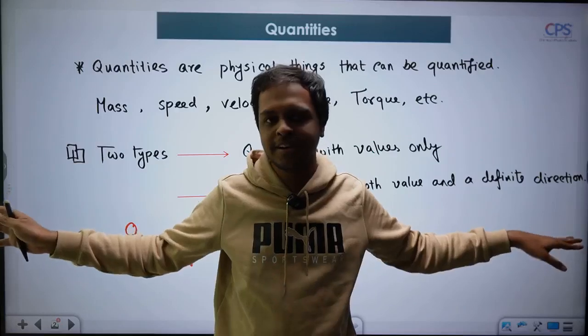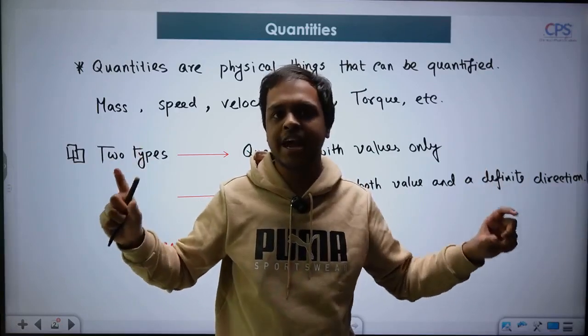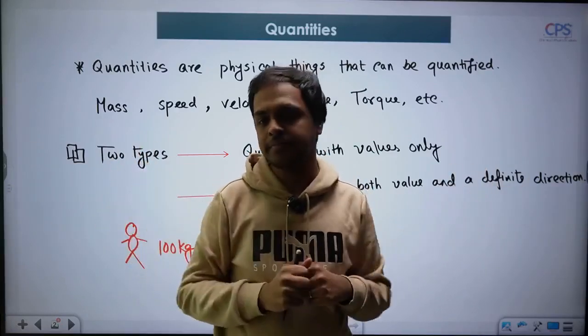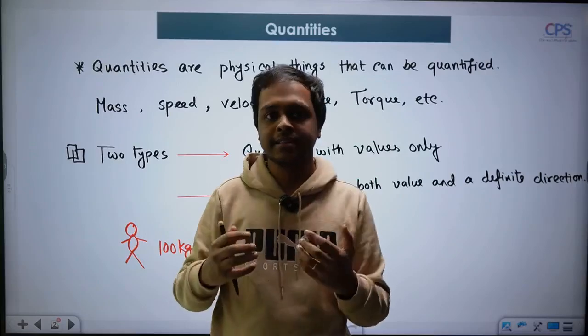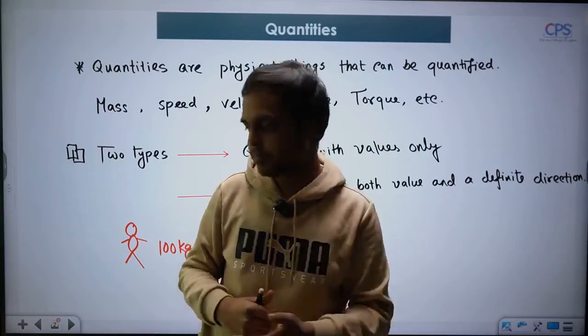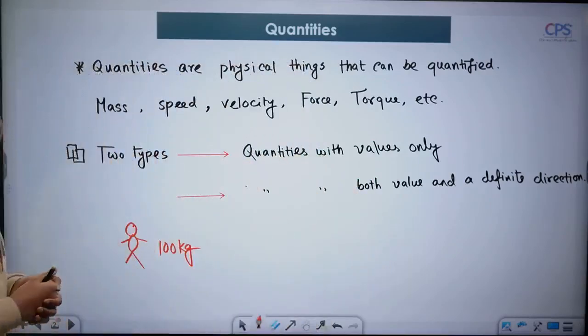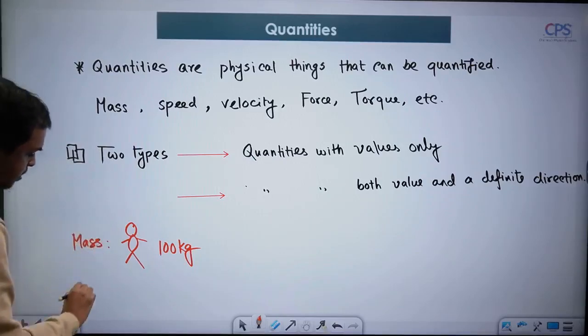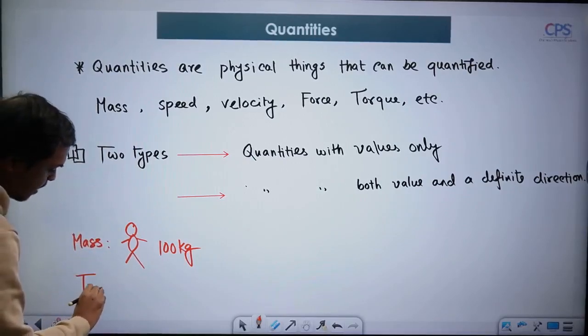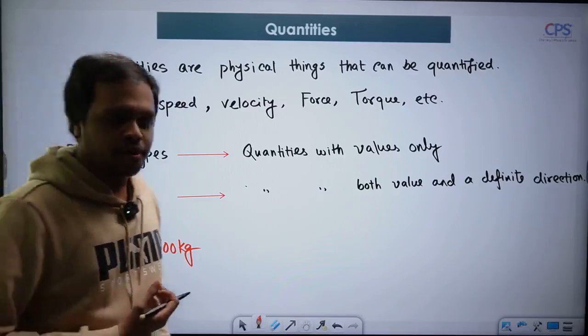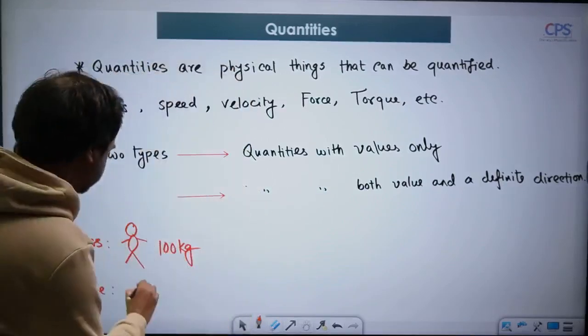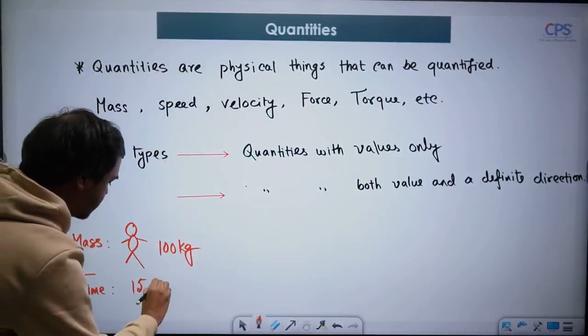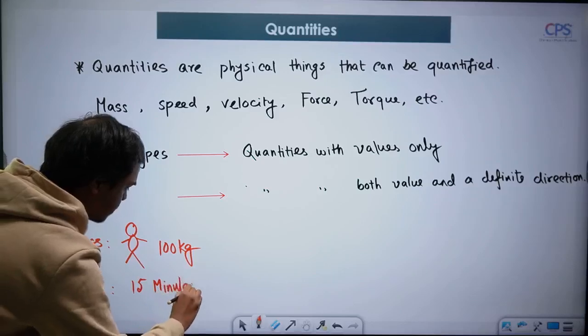That's not possible. His mass is 100 kg and it doesn't have any direction. So there are things that are not directed, like time. Time doesn't have any direction, right? So mass, time, let's say I am giving you a lecture for 15 minutes. So time 15 minutes, it doesn't have any direction.